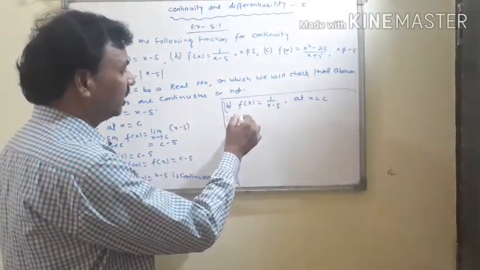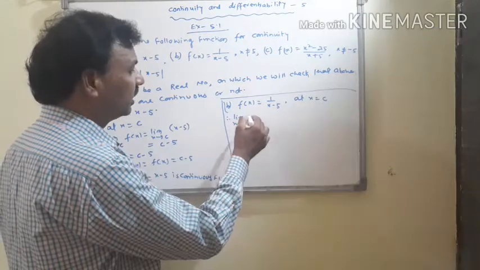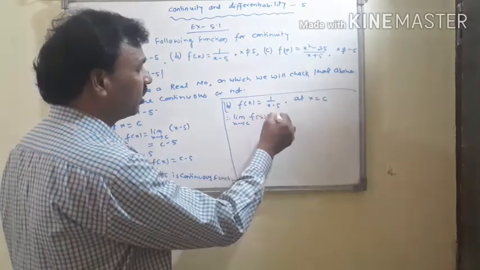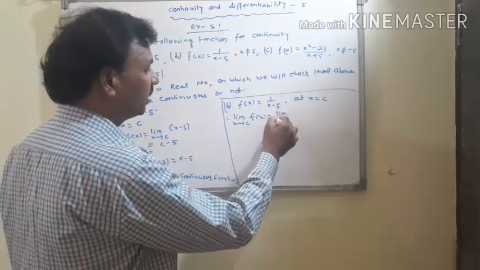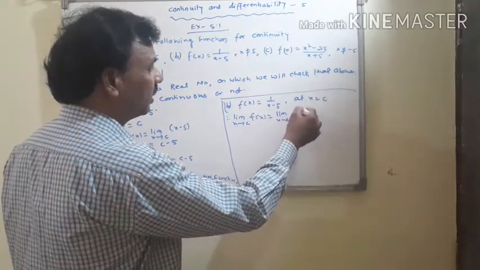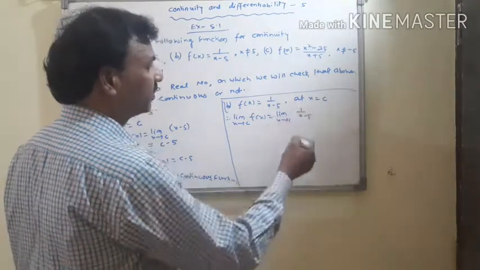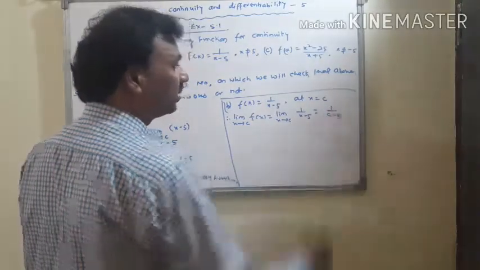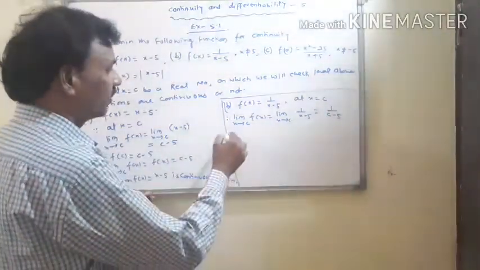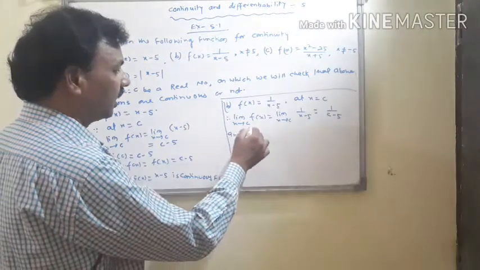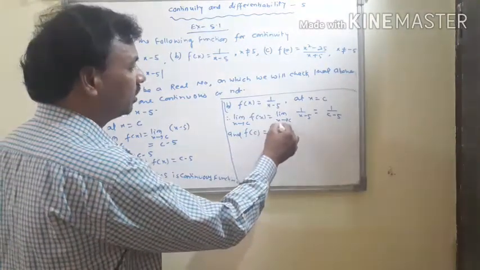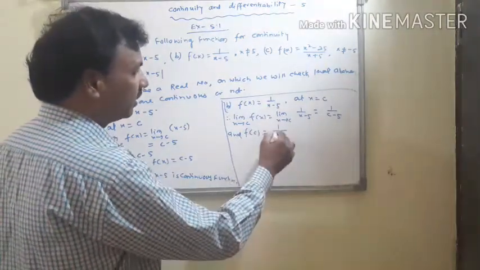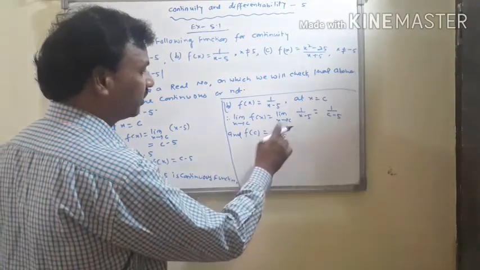Therefore, limit x tends to c f of x equals limit x tends to c 1 upon x minus 5, and this will be equal to 1 upon c minus 5. And f of c we also find to be 1 upon c minus 5.